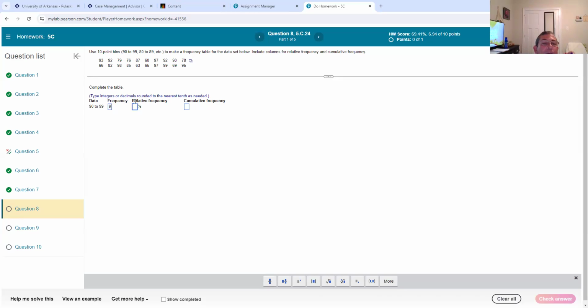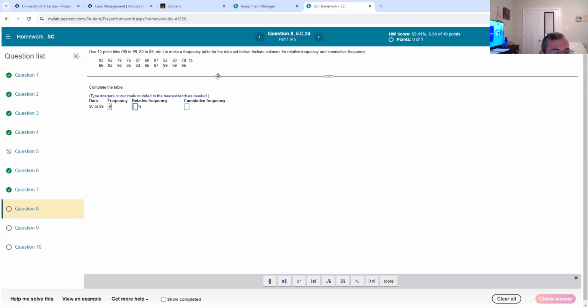Now remember, for my relative frequency, I've got to see how many total I got. So 2, 4, 6, 8, 10, 12, 14, 16, 18. This time we do have 20 on this one, okay? So relative frequency is 9 out of 20, and then multiply that by 100 also, remember.